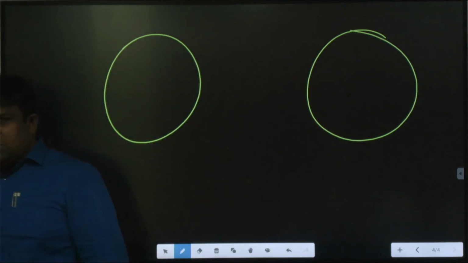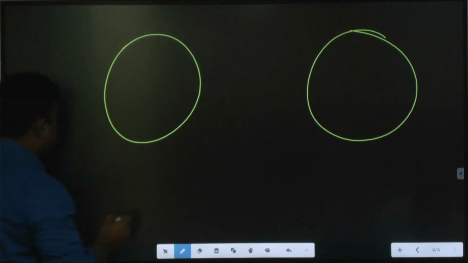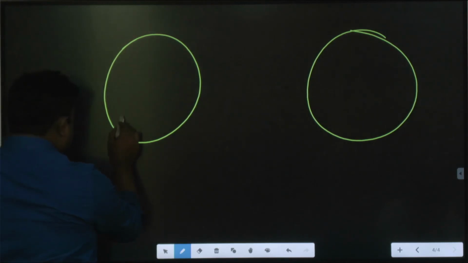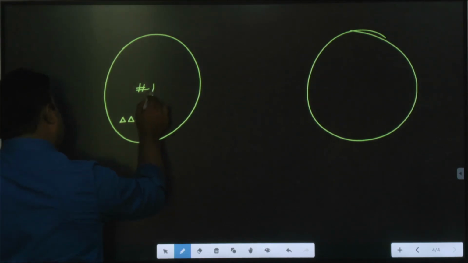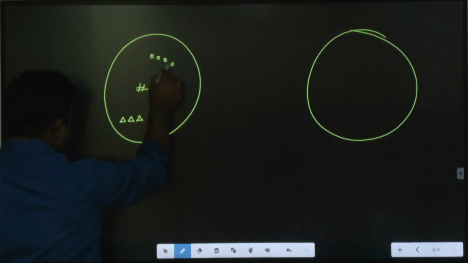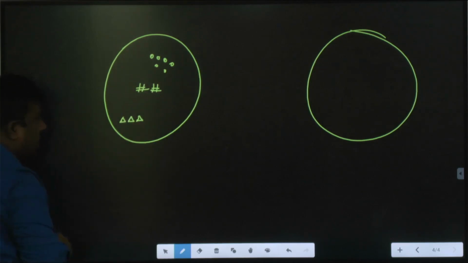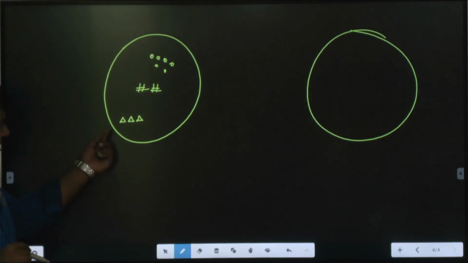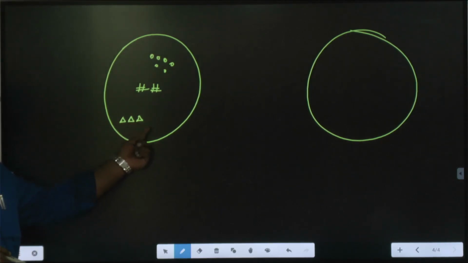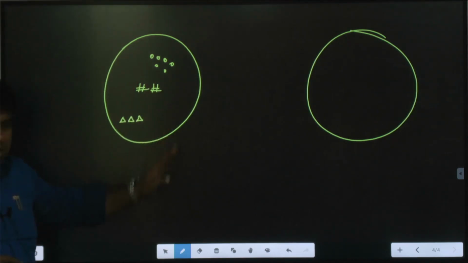Let's say these are two different ecosystems, and both ecosystems consist of various biotic components, and I'm presenting those biotic components in the form of symbols, right? Means triangle is one species and there are three members of this species. Similarly for the rest of the symbols. Are you getting it? Yes, sir.